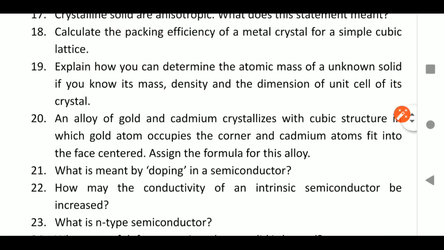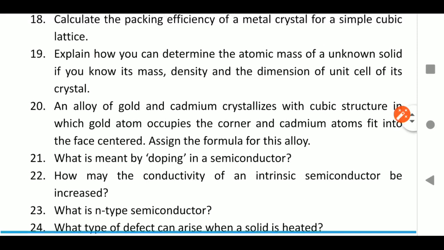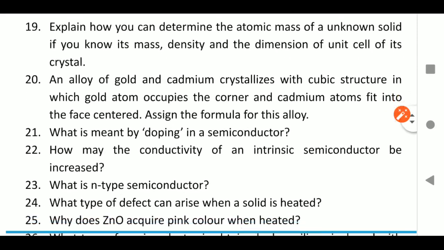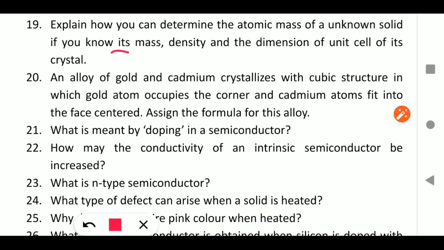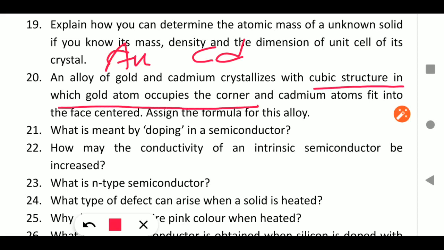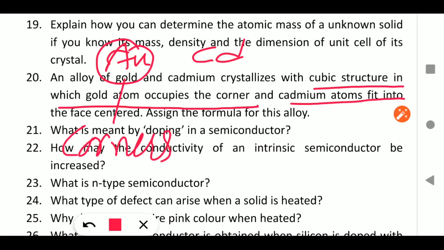Now question number 20, an interesting question. An alloy of gold, that is Au, and cadmium, with cubic structure in which gold atoms occupy the corners and cadmium atoms fit into the faces.